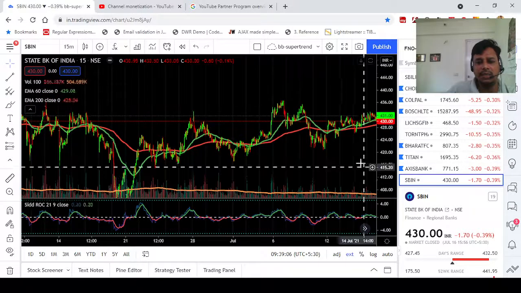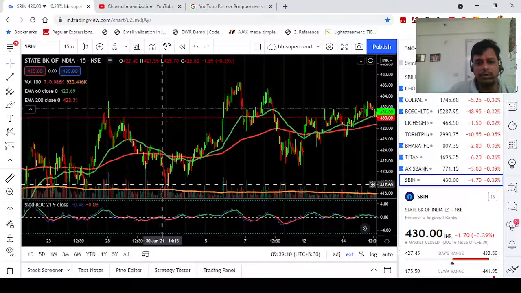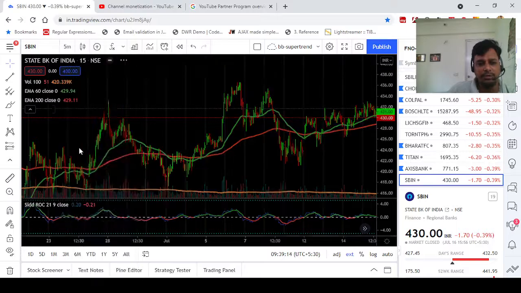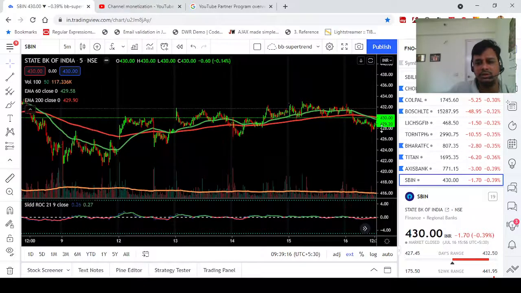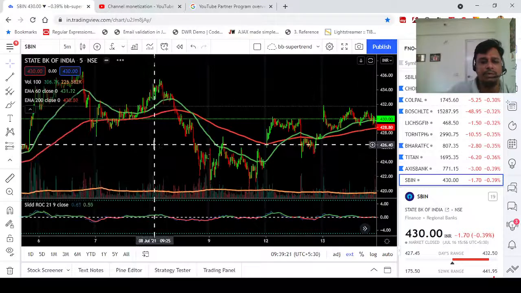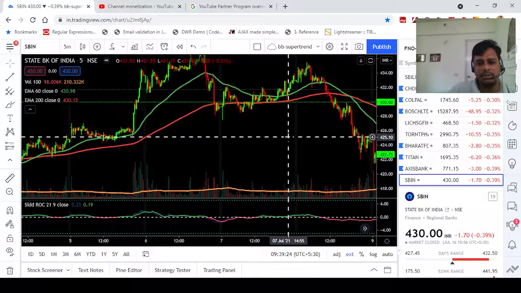At that time, see that it will go down then up. So longer time frames you should watch, and trade in the proper setups. When proper setups are not happening, don't trade.